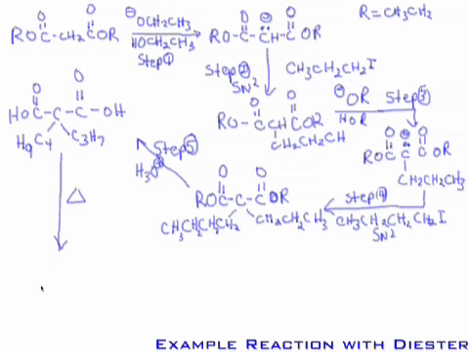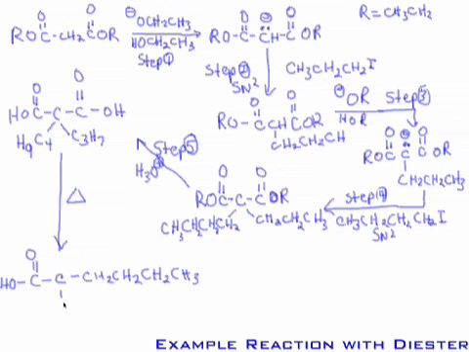And so what that will produce is a C double bond O, OH, we'll have C4H9, a C with a CH2, CH2, CH2, CH3, so there's our butyl group.